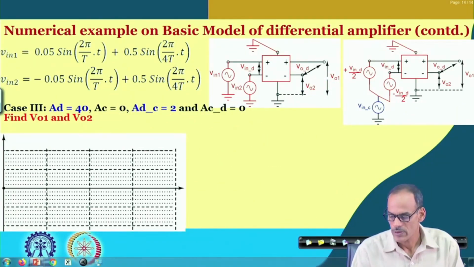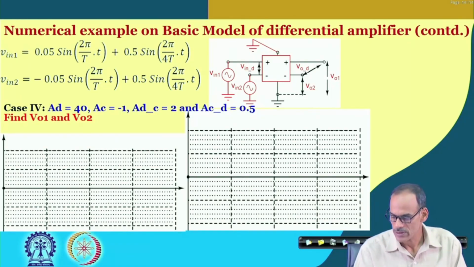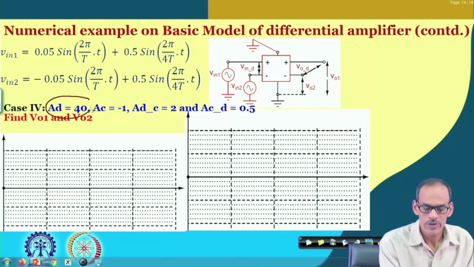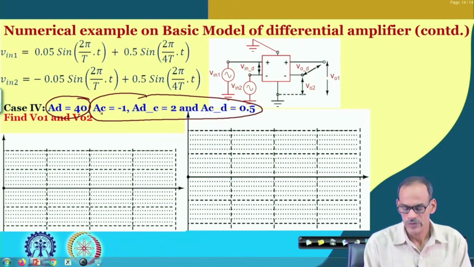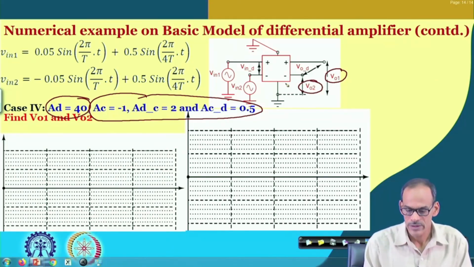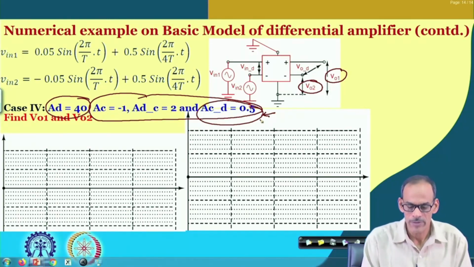So, you can consider a situation where all of them are non-zero, and depending on their corresponding values, their influences will be there, and then you can find the individual output. And as I said, this is a very dangerous thing. So, that really creates the problem.